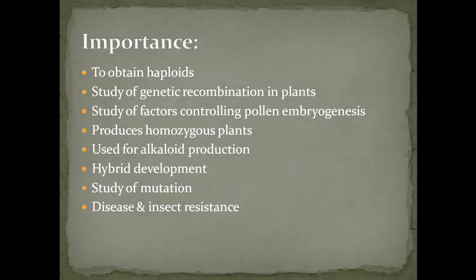We can study different types of mutations, and we can produce disease and insect resistant plants. We can also get higher yield. So these are the several importance of anther culture. So in this way anther culture is carried out.